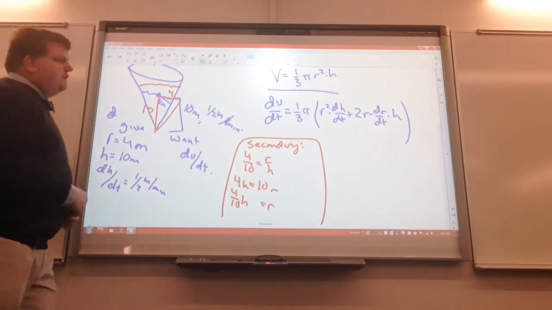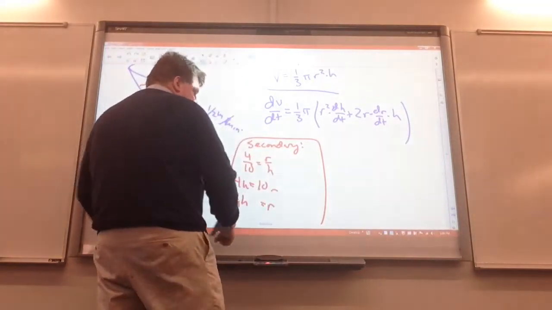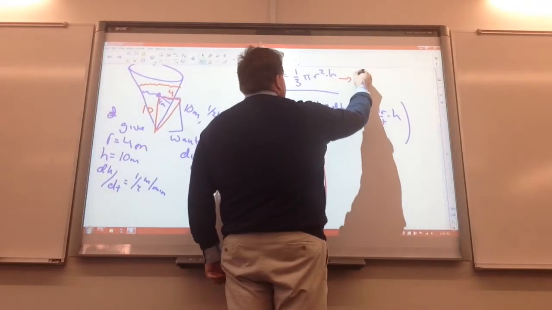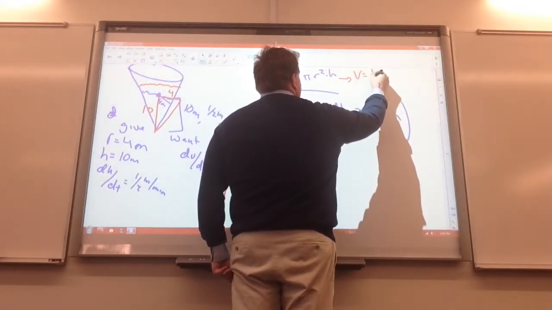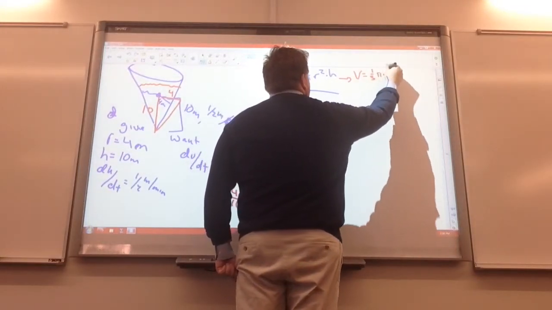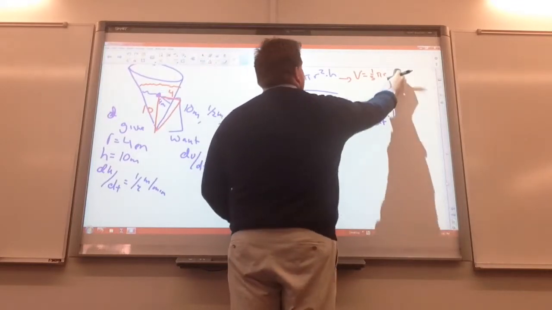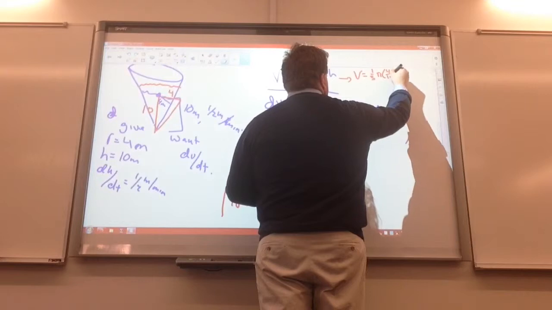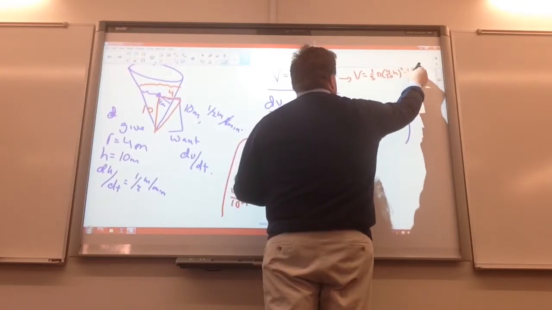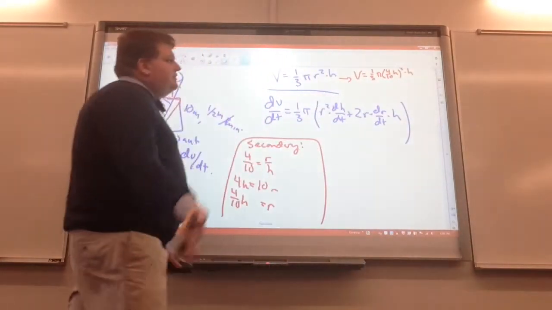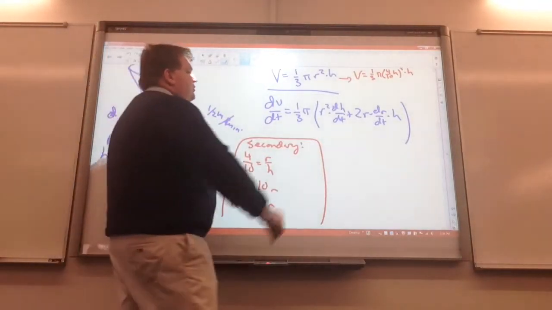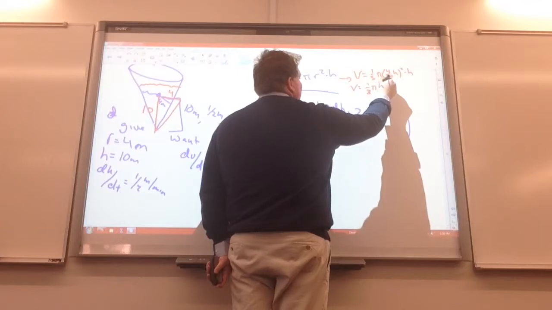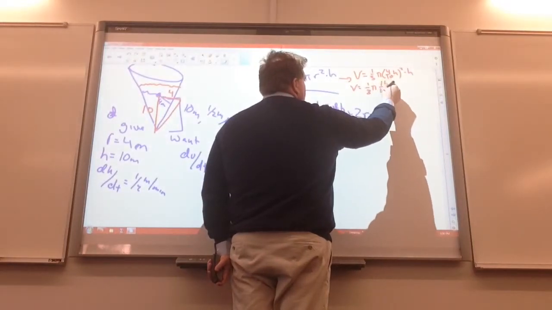So if we do that, we come through here and rewrite this: V is equal to 1/3 pi times 4/10 h squared times h. We clean that up. If we actually square out 4/10 h, we would get V is equal to 1/3 pi times 16 over 100 h squared times h.